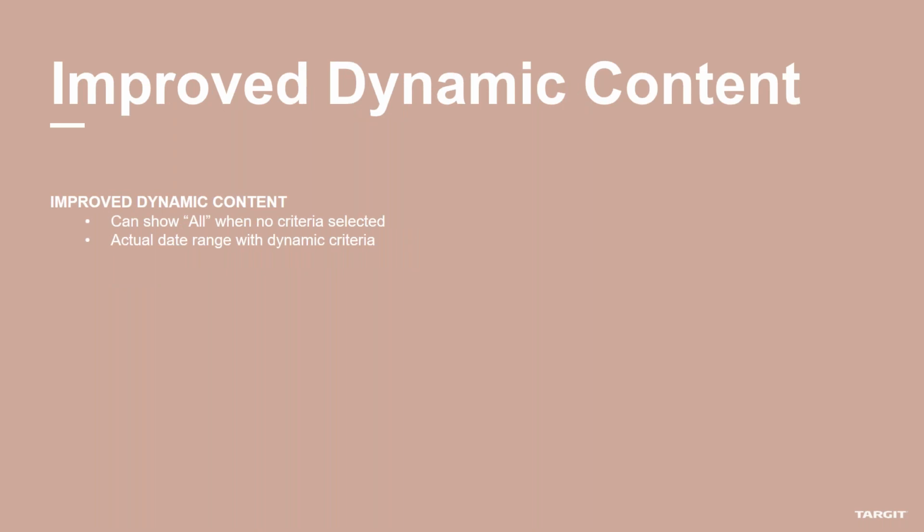Moving on, improved dynamic content. It's about text boxes, for instance, where you want to show which criteria you have applied to your dashboard. Right now, we don't really have a satisfying solution for when you have selected no filters for, let's say, the country dimension.